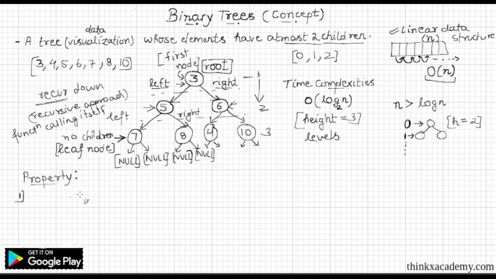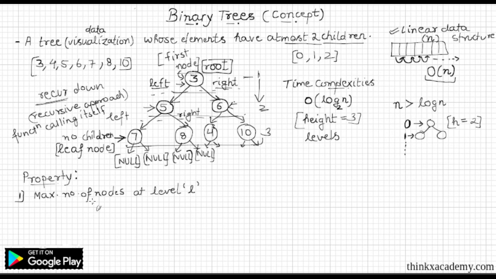The first property says that the maximum number of nodes at any level, let's suppose level L, because we can take any arbitrary level. You can see that this is level 1, this is level 2, and this one is level 3.